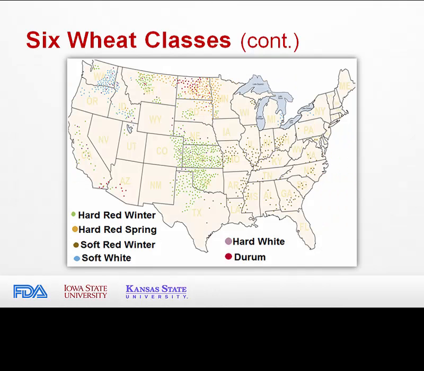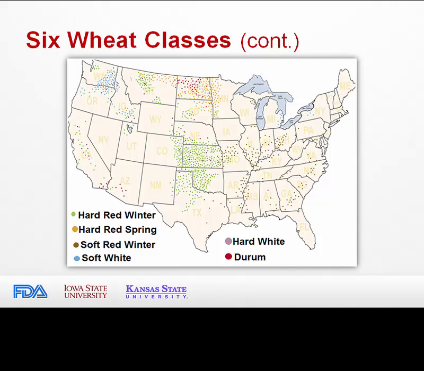Of the 6 wheat classes, soft white wheat is produced in the Pacific Northwest, here in blue dots. Soft red winter wheat is grown in the East, in brown dots. Hard red winter wheat is planted in the Great Plains, on our map in green dots.